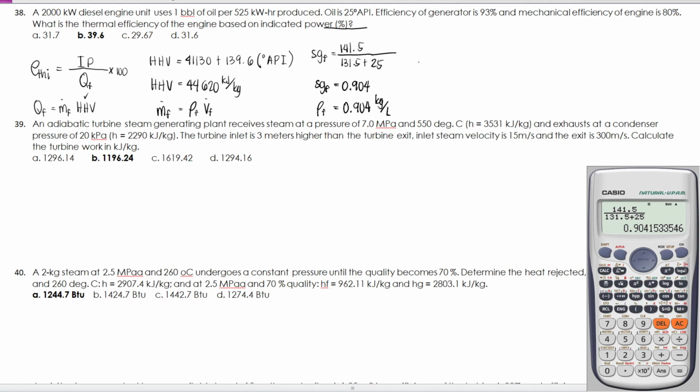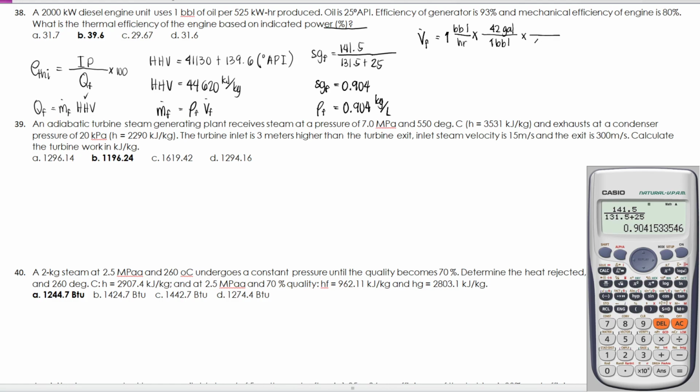Okay? Then, para naman sa kanyang volume flow rate, so meron tayo ditong given na volume flow rate na niya actually. Okay? Yun yung 1 British barrel of oil per hour. So, i-convert lang natin siya to SI in liters per hour. Okay? So, by conversion, ang 1 British barrel is equivalent to 42 gallons.